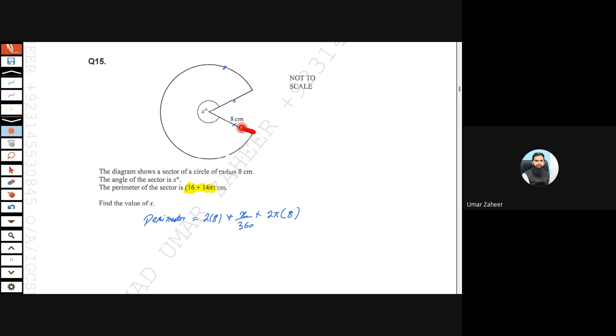The perimeter is the two radii, so 2 multiplied by 8, plus the arc length. The arc length is angle divided by 360 multiplied by 2 pi r. So the given perimeter, 16 plus 14 pi, is equal to 16 plus angle divided by 360 times 16 pi.